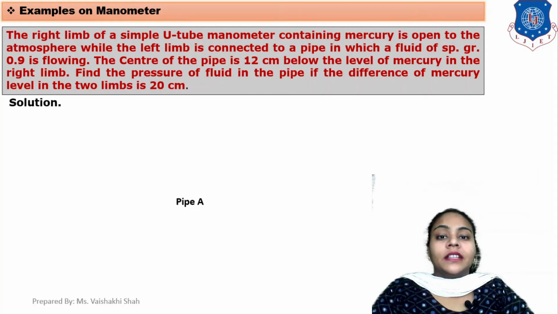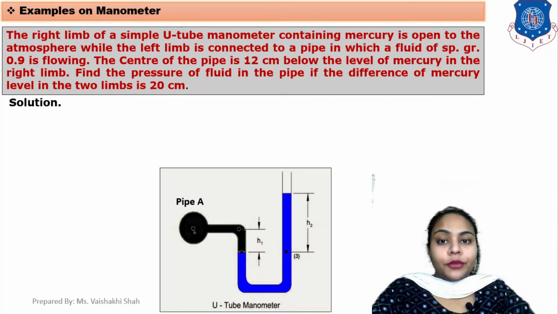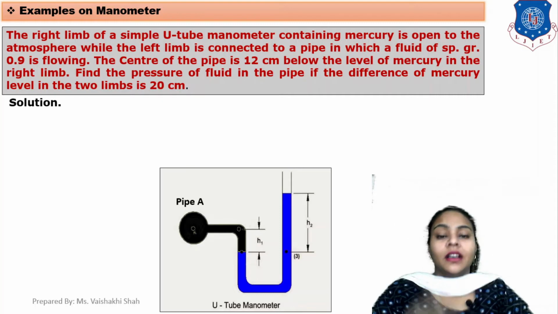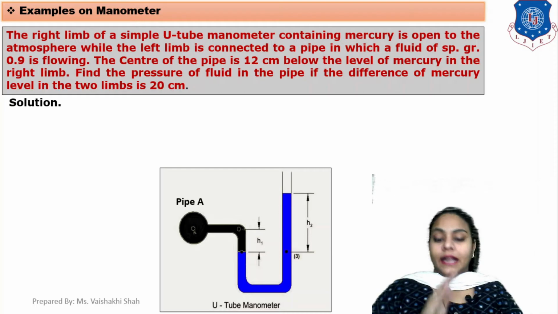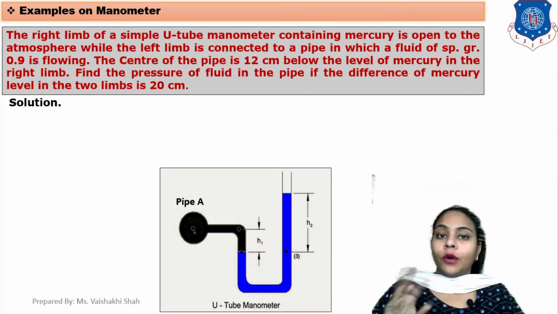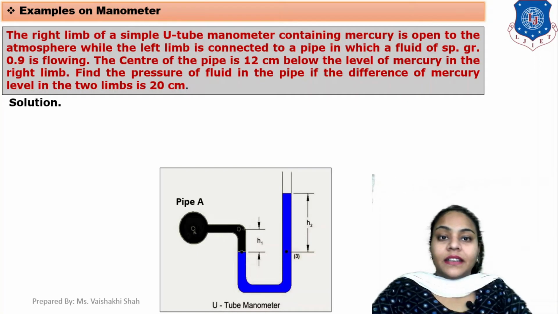Here the manometer given to you is a simple U-tube manometer. In a simple U-tube manometer, mercury is filled in a U shape. One end is open to the atmosphere and the other end is connected to the pipeline, here pipe A indicated in the diagram.